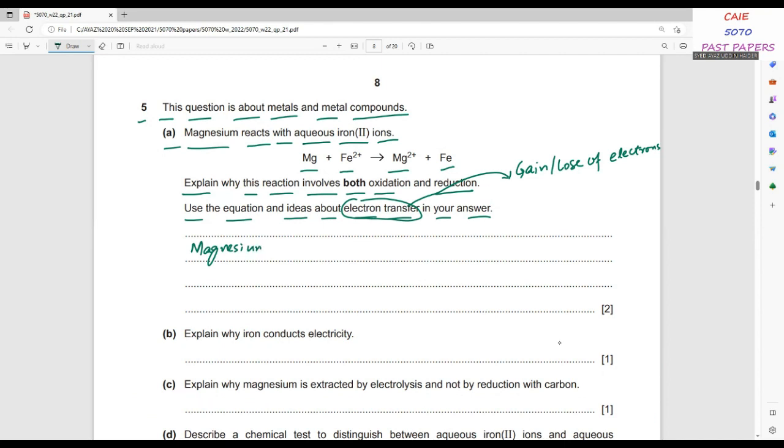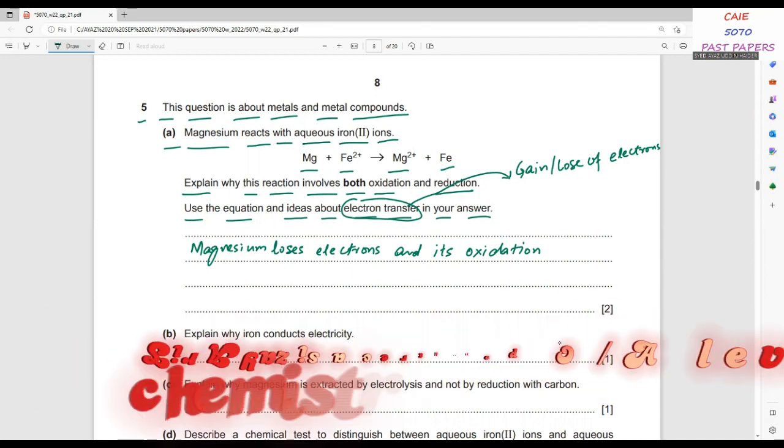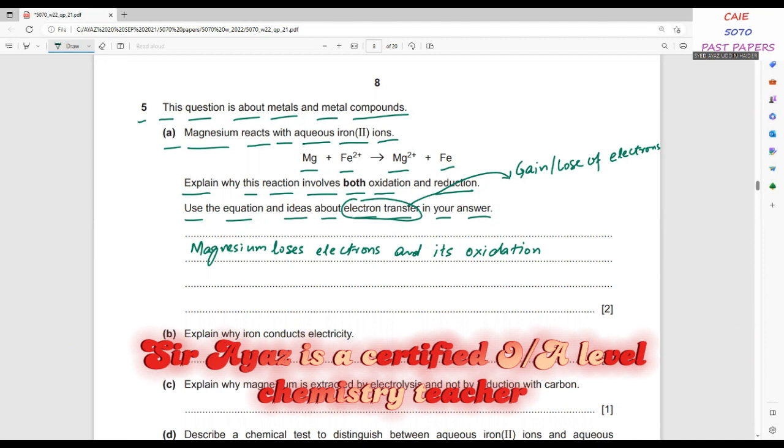You can see it because it has acquired 2 plus charge. So it is oxidation. Oxidation is the loss of electrons and reduction is the gain of electrons, which means that iron 2 plus has gained electrons and it is reduction.